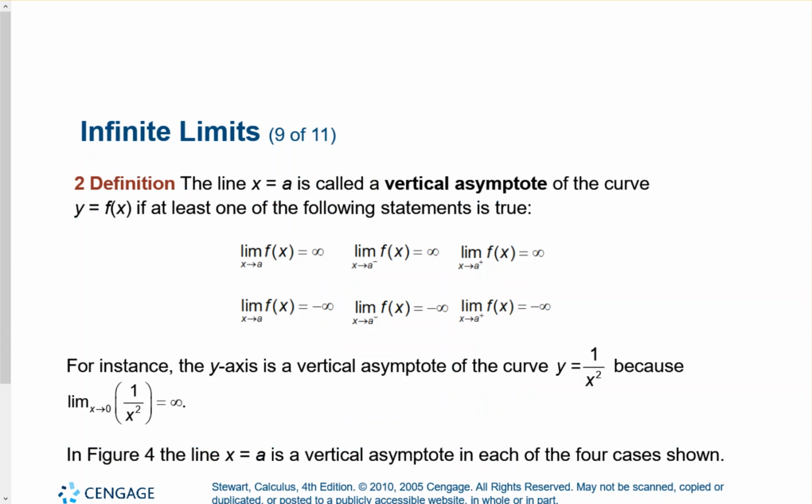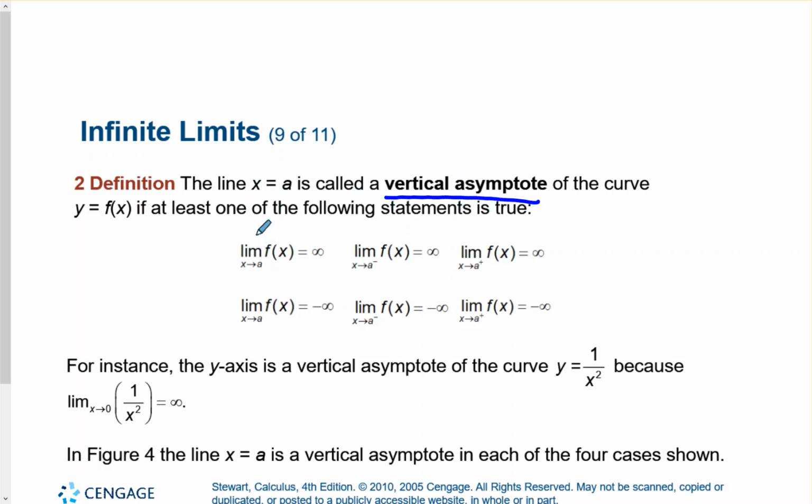And by now we know that we have a vertical asymptote. We consider it a vertical asymptote if at least one of the following statements is true.